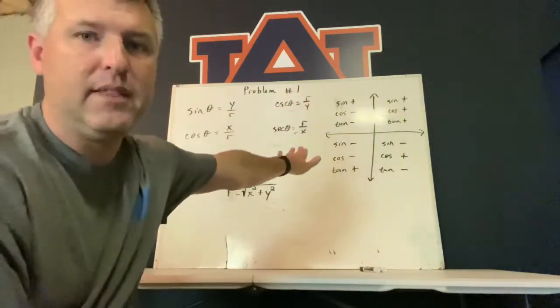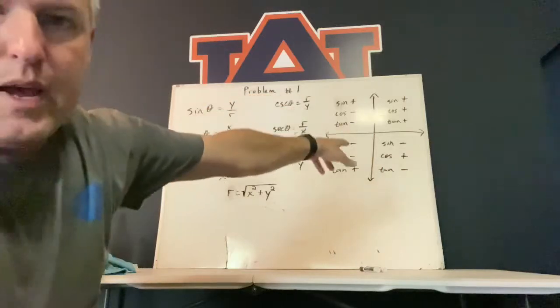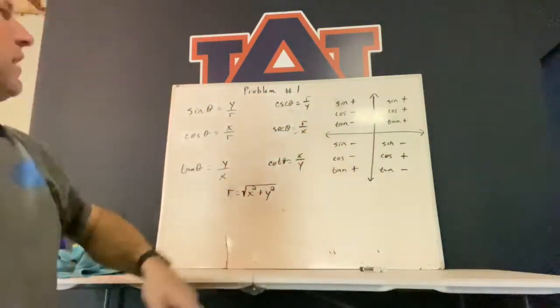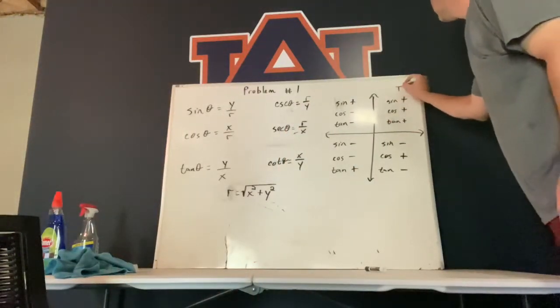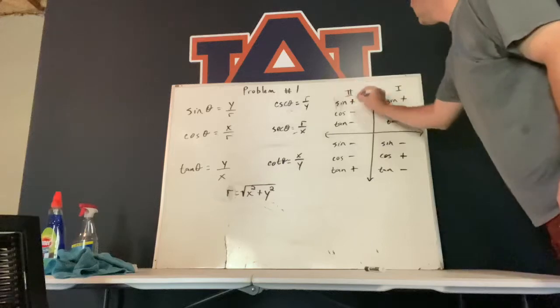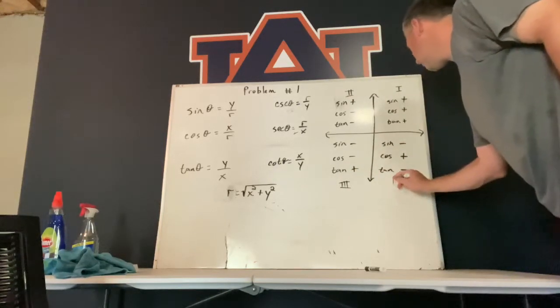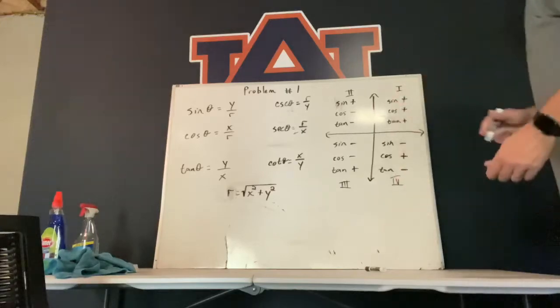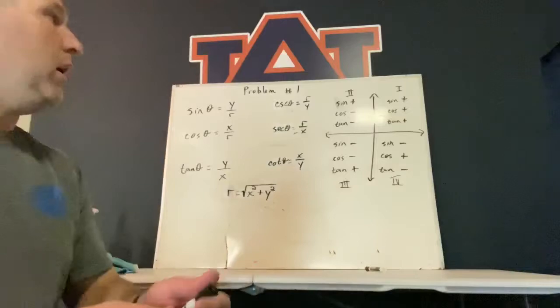So then I've got that over here. I don't have this listed out, and I apologize; I probably should have done that. There's quadrant 1, quadrant 2, quadrant 3, and quadrant 4. In quadrant 1, everything is positive.